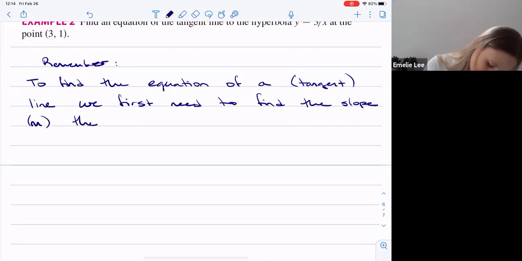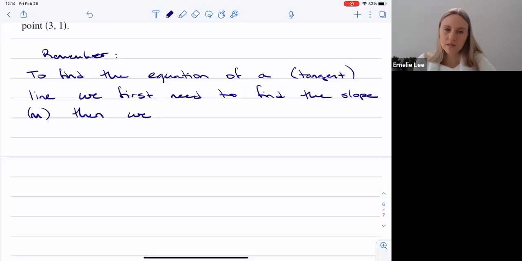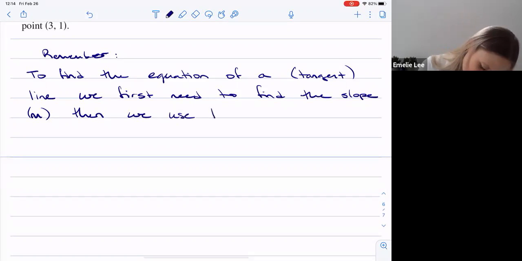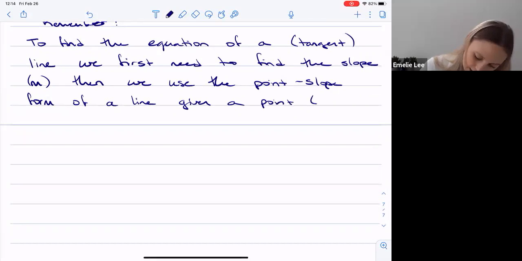Then we use the point slope form of a line, given a point x naught, y naught.